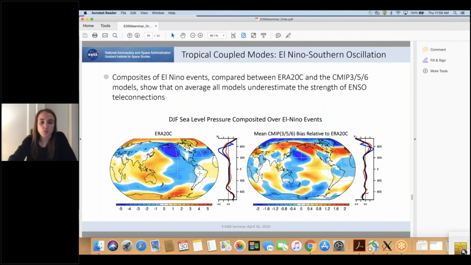If we compare that to the pattern of the mean CMIP bias, so now we're not distinguishing between 3 and 6, but in general looking at all the models, we can see that the amplitude of these teleconnections to higher latitudes is underestimated. That's evident in the sense that the mean bias is opposite in phase to the actual climatology of the sea level pressure composited over ENSO events. So generally there's an underestimate, and we see that manifest over the Pacific and the Atlantic, and then also over southern high latitudes.